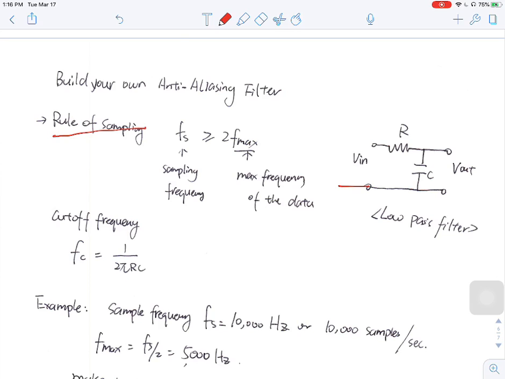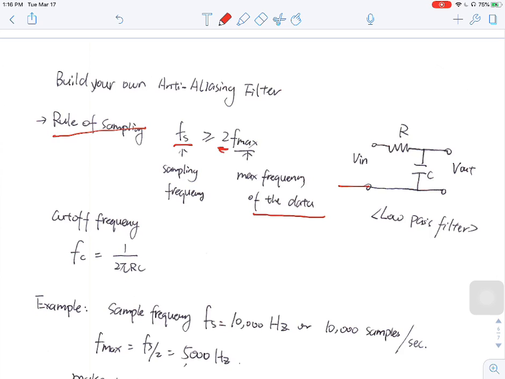So the sampling frequency fs needs to be larger than 2 times the maximum frequency of the analog signal. But in the real world, you better choose that greater, maybe 10 times or 20 times, to keep the performance.